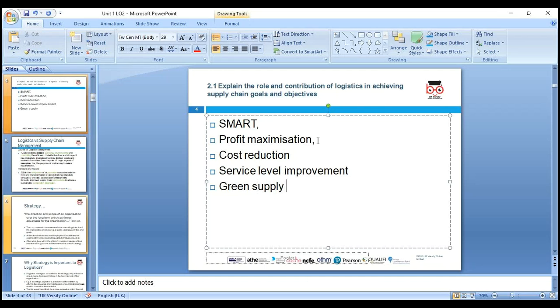There is a lot of emphasis on green supply chain management. Green means you try to reduce CO2 levels in your supply chain, make sure supply comes from renewable sources, and you use electricity and transport which are more renewable. Any other objective?